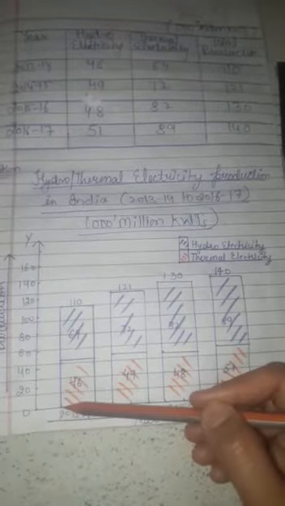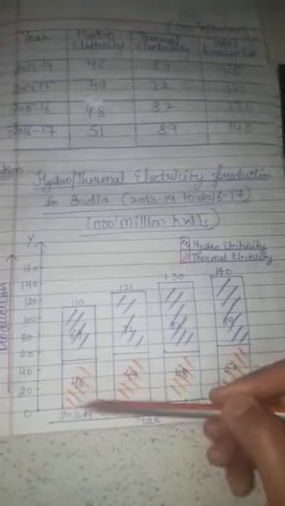Clear? Now out of these two, any one could be taken. Like for example, first we are taking hydroelectricity. In the first year hydroelectricity is 46. So in this bar of total 110, this part from 0 origin to 46 represents the hydroelectricity part. Clear?